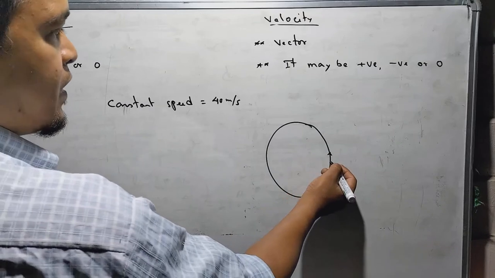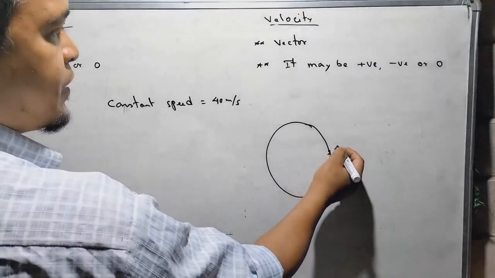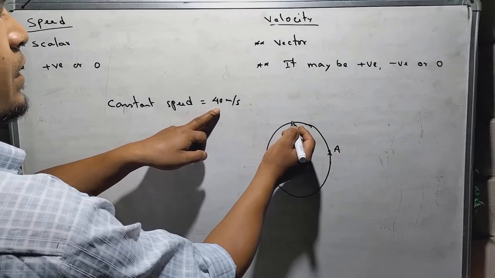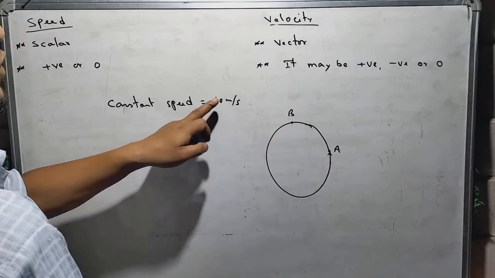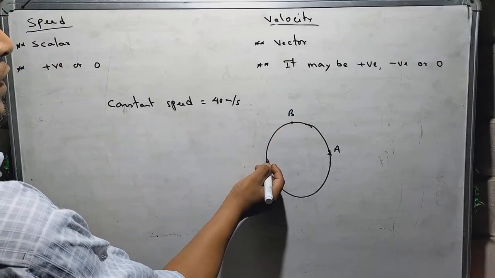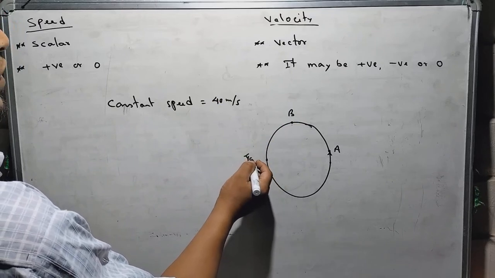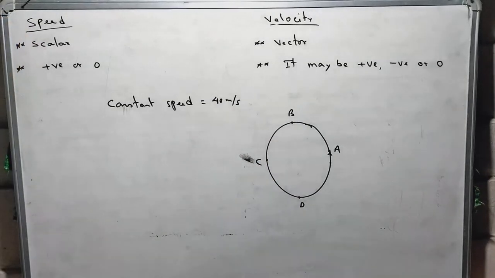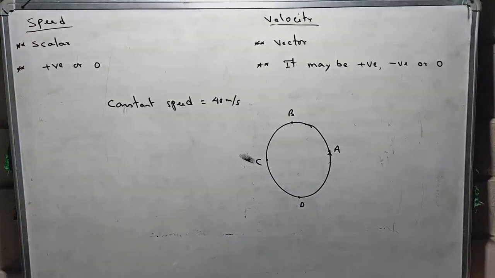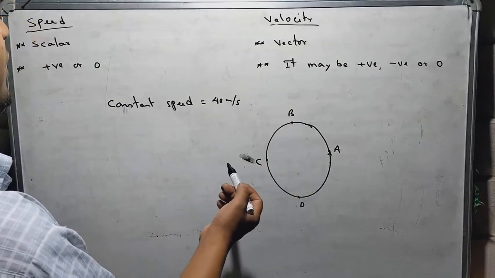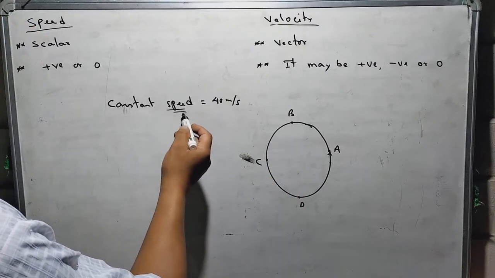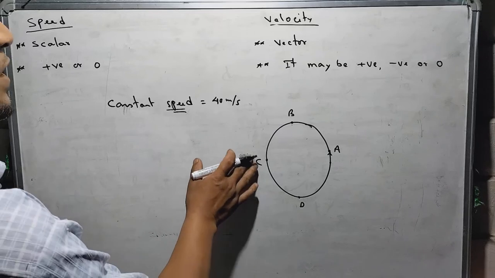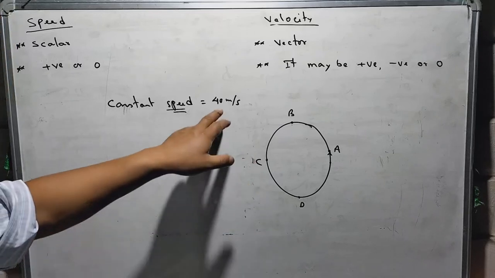At point A, what is the speed? 40 meters per second. At point B, 40 meters per second. At point C, 40 meters per second, and so on. Now, in which direction is the body moving using the concept of speed? That direction cannot be defined because speed, as I said, only gives the numbers.